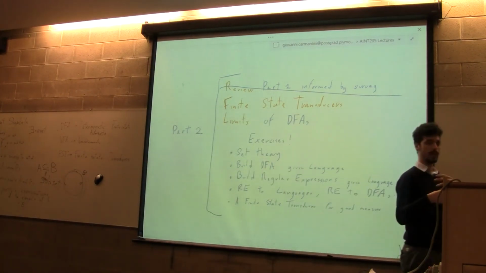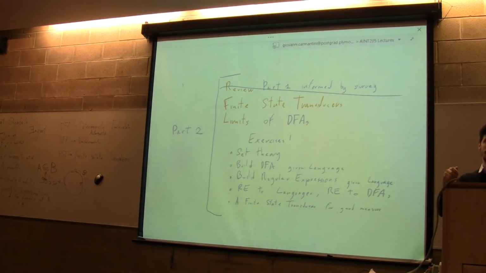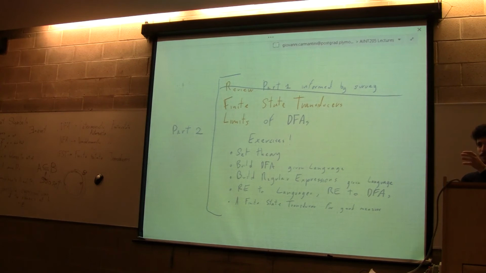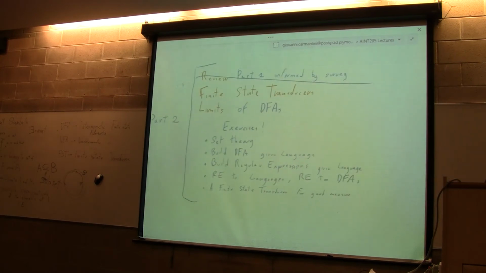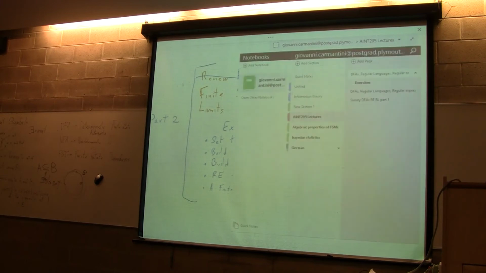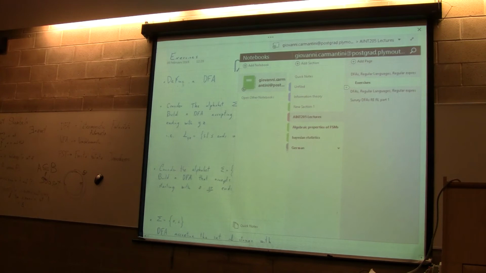So you have a stack memory. You can put symbols, you can pop. You know, you use a stack, right? It's first in, first out, right? Okay, that we'll see in the next lecture. What happens if we give a DFA some memory? It can solve a lot more problems.